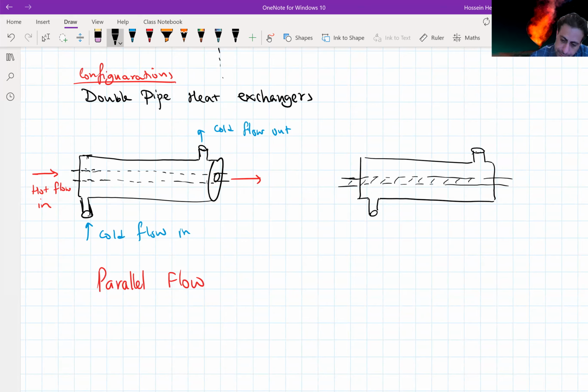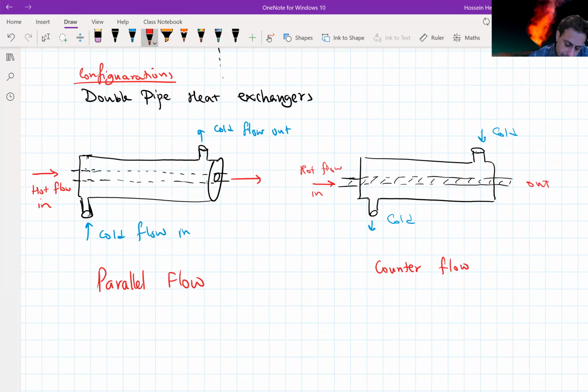This is the inner fluid that we can have, let's say, flow in and out, but the cold flow comes the other way around. So this is called, and that's what we call, counter flow.